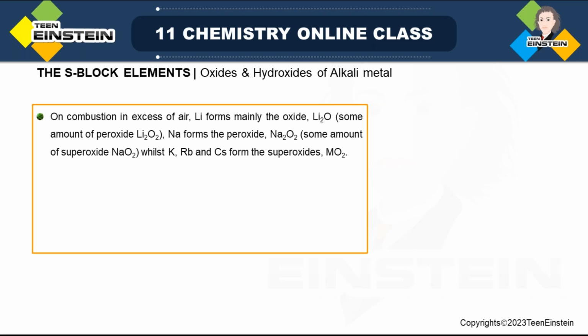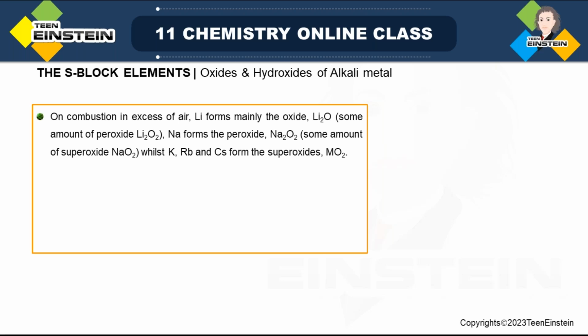Now, once we know what type of compounds are formed, that is, we have seen how oxides, hydroxides and halides are formed, individually we will try to see the characteristics of these compounds, that is, the characteristics of oxides of alkali metals, then hydroxides of alkali metals, one by one.